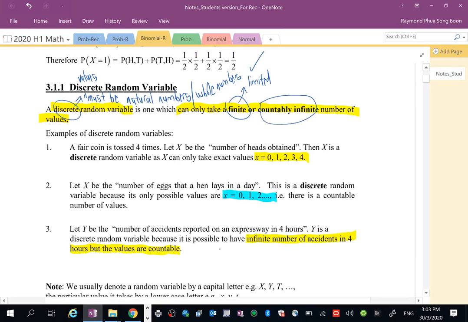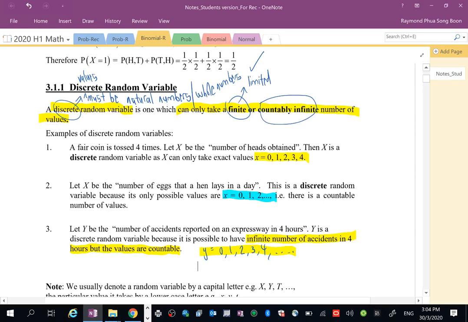So the possible values that the random variable y can take on can be 0, 1, 2, 3, 4, and so on. So in this case, it is a countably infinite number of values.